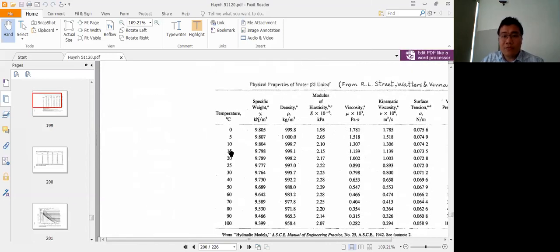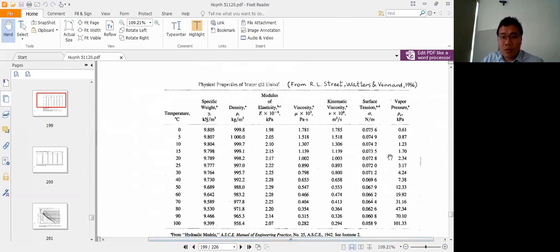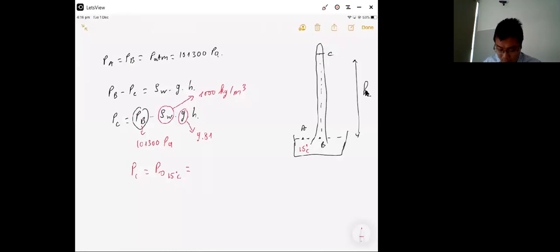At 15 Celsius, the vapor pressure of water is 1.7 kPa. It means as we go up, pressure decreases until pressure C is 1.7 kPa. Water boils at 15 Celsius. When we have this pressure of 1.7 kPa on the top, water boils at only 15 Celsius.